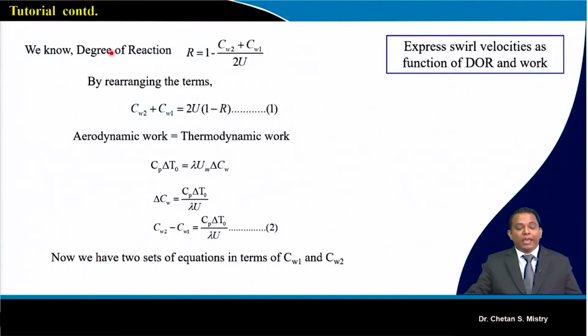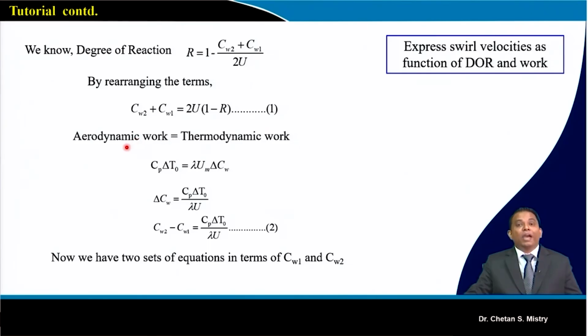Now, if we are arranging this term, it says my Cw2 plus Cw1, that's what is given by 2U into 1 minus R. What we know, we are having this delta Cw term or change of Cw, Cw2 and Cw1. That's what is also coming in my work equation.